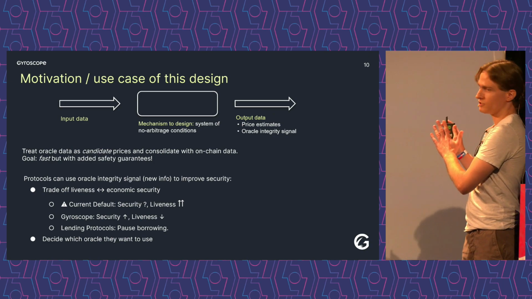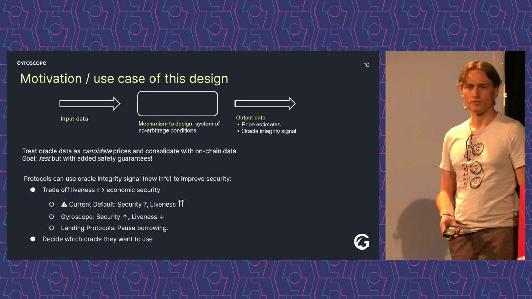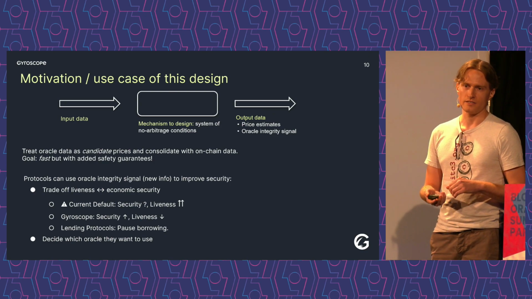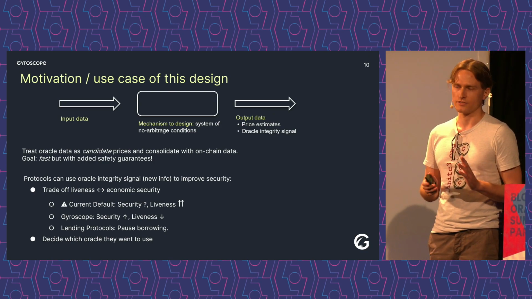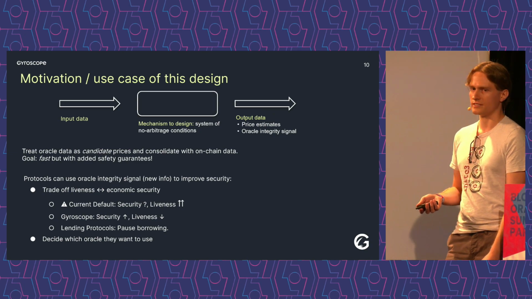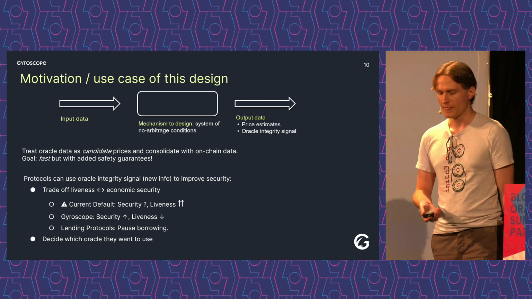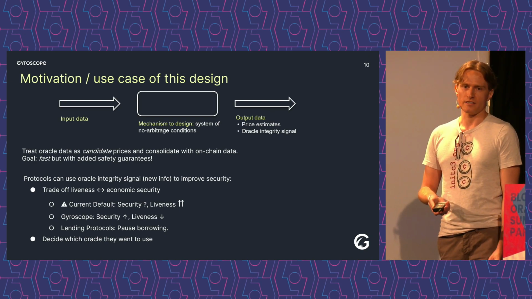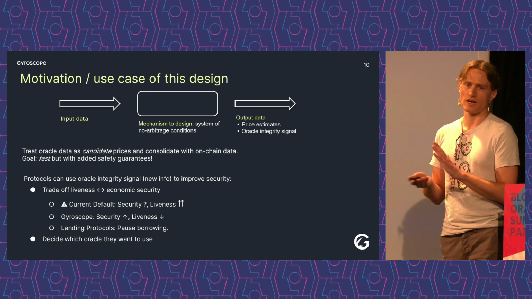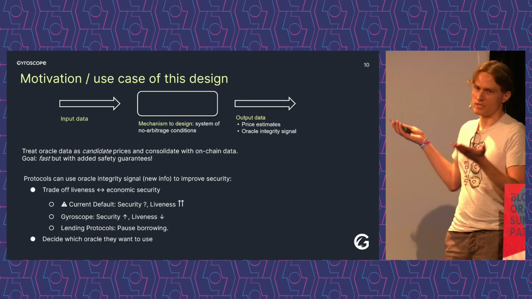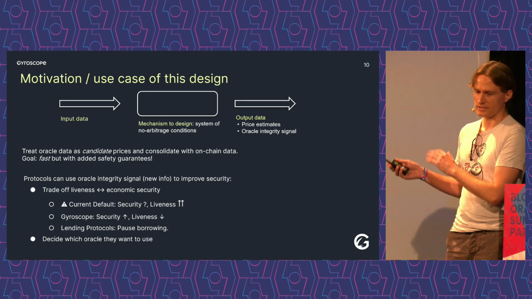But there's a whole spectrum here, and you could design your protocol to take this signal into account and disallow very risky actions, for instance, when the protocol isn't really sure that the price data is correct. For Gyroscope in particular, we're optimizing for security here, and perfect liveness for our application, at least, isn't necessarily required. But other protocols may want to consider other points in this trade-off.